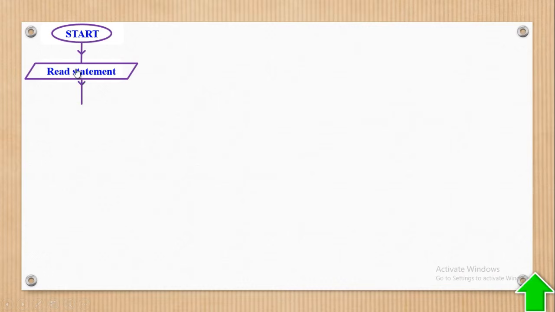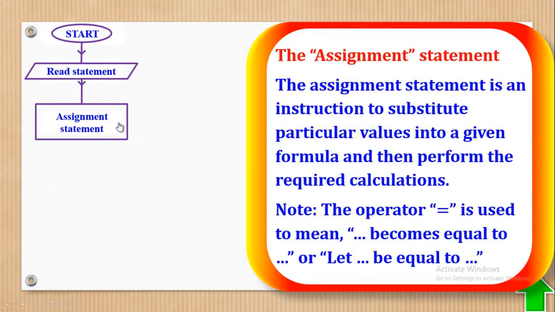Statement number 3 is what we call the assignment statement. The assignment statement is an instruction to substitute particular values into a given formula and then perform the required calculations. The operator in this assignment, as you will see in the examples, is the equal to sign, but this sign does not mean equal to.